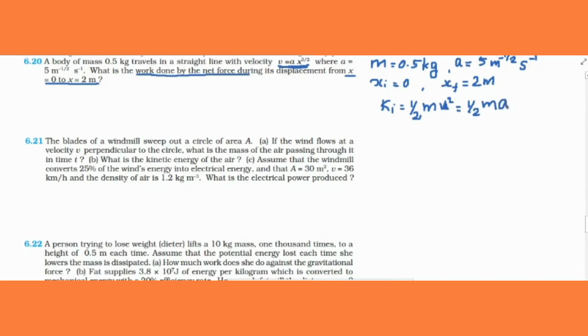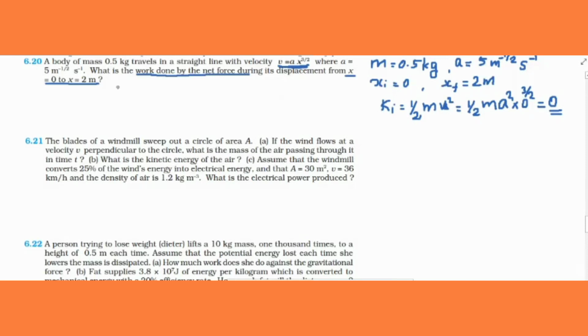Then it becomes a square into, you see initial position is 0, xi is 0. So it becomes 0 square. So what is the initial kinetic energy then? Initial kinetic energy is 0. And if you substitute here value of x as 2, you will get a final kinetic energy.